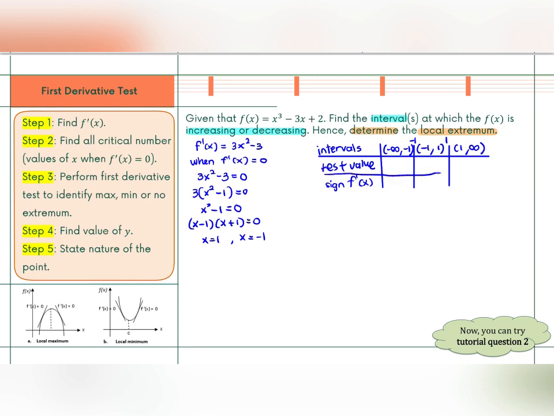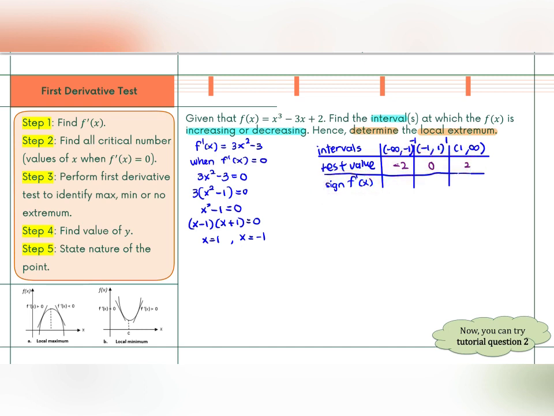Okay, now let's substitute the value. So, kita nak gantikan negative 2, 0 dan juga 2. Okay. So, gantikan value-value ini dalam f prime x. Gantikan dalam f prime sebab kita nak tahu sign of the derivative tu apa.